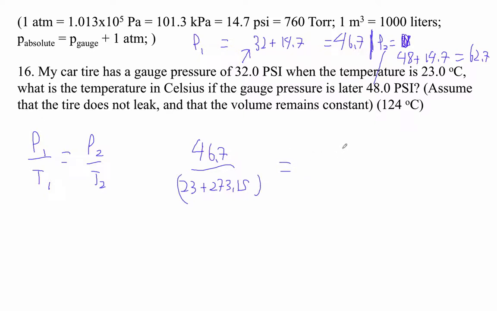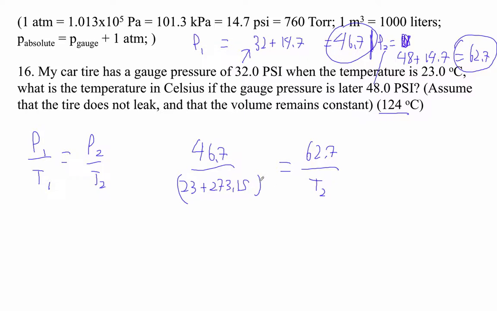And then the new pressure is 62.7. Here's P1, here's P2, and then this is going to be T2. And notice that T2 is going to be in kelvins, so we're going to have to turn that into Celsius to get the answer.